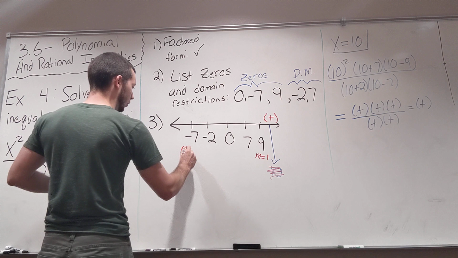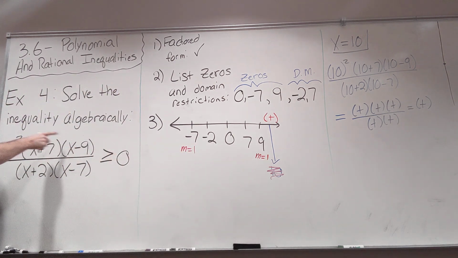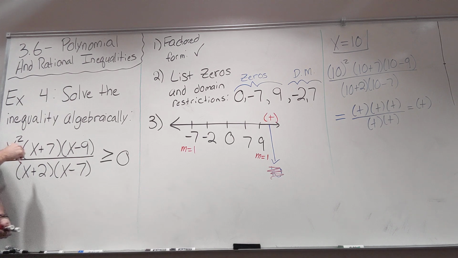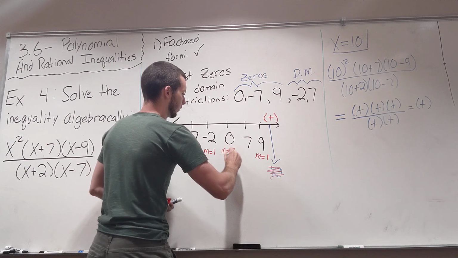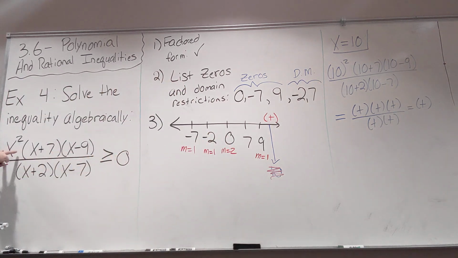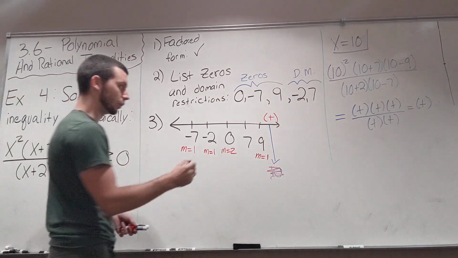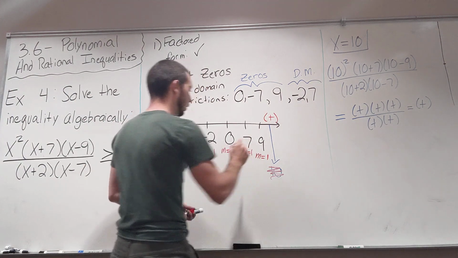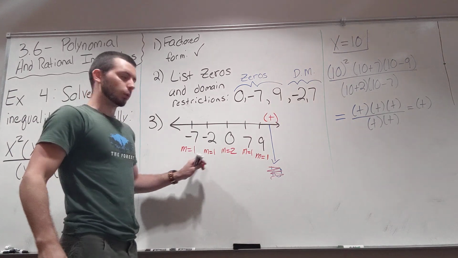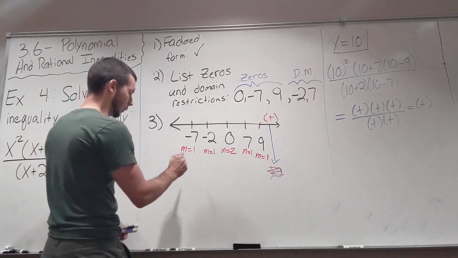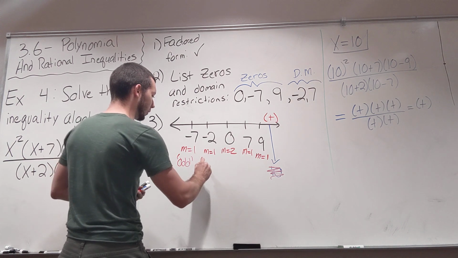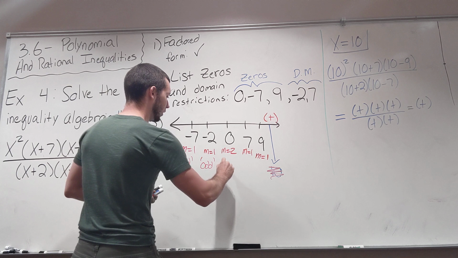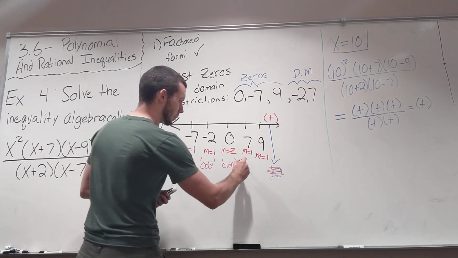It seems like all of them have a multiplicity of 1 except for 0, which came from x squared. It has a multiplicity of 2. So 4 out of 5 of these are going to have a crossing behavior, while the other one is even, which means it will touch, and we'll see what that means in a second.